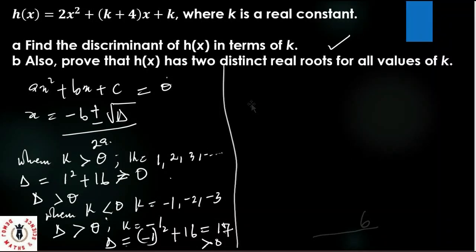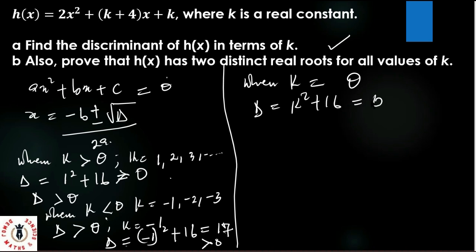Now, let's see the third part, when k itself is equal to 0. When k is equal to 0, my d, which is k squared plus 16, will be 0 plus 16, which is equal to 16. So we've seen that when k is greater than 0, d is greater than 0.